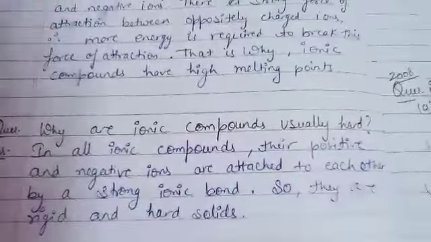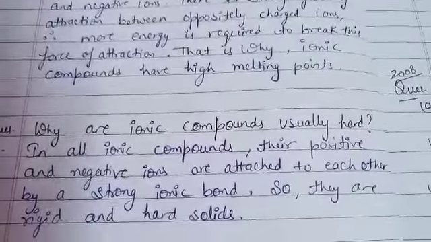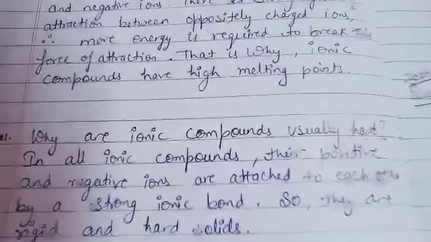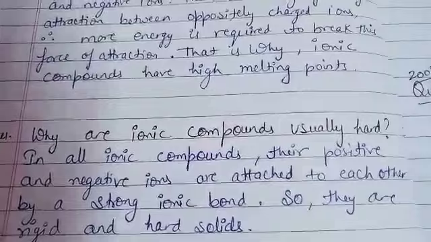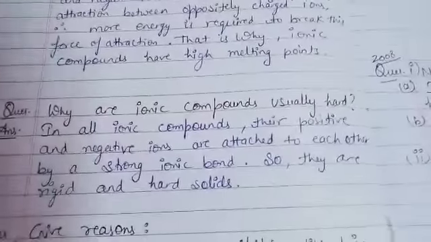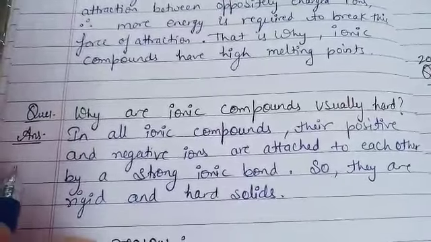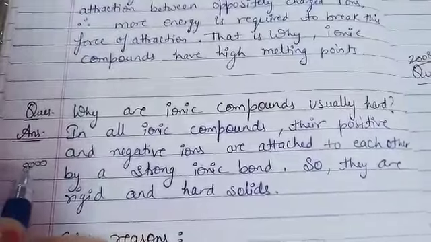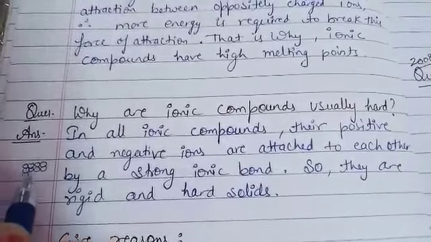Now ionic compounds are hard solids, and they are crystalline solids also. Crystalline solid means the arrangement of particles is in ordered form. Suppose you take the example of NaCl. The particles of NaCl are arranged in an ordered manner like this.